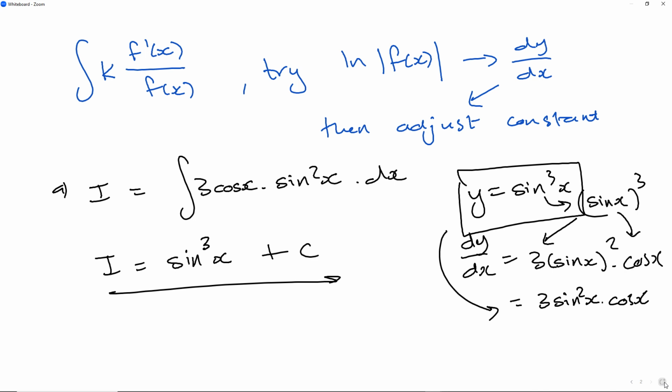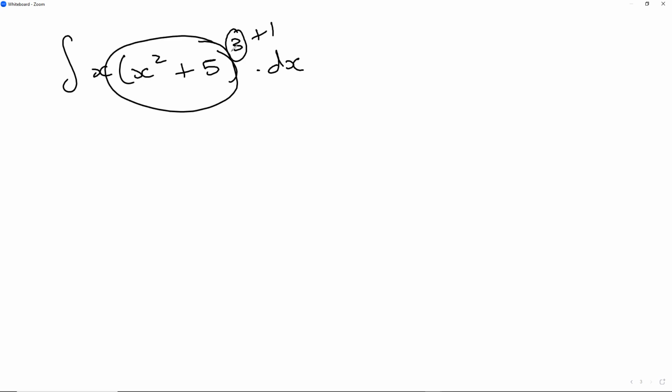Okay. Next example. If I integrate x times (x squared plus 5) to the power of 3 dx. Now, I'm not going to cube this function out. I'm not going to write it 3 times and expand the brackets and then expand x in. It'll take a long time. So what I do is, using the concept of adding 1 and considering the bracket, I can use the word consider.